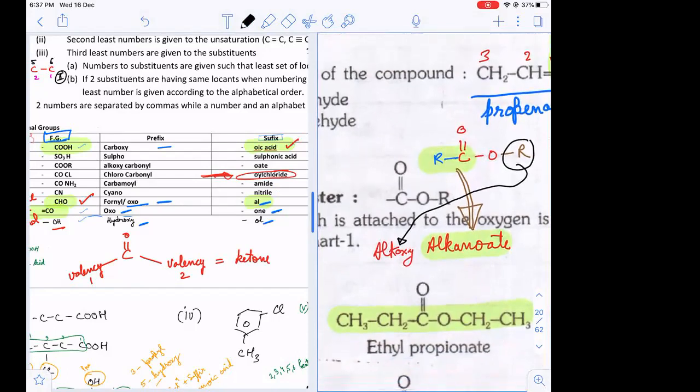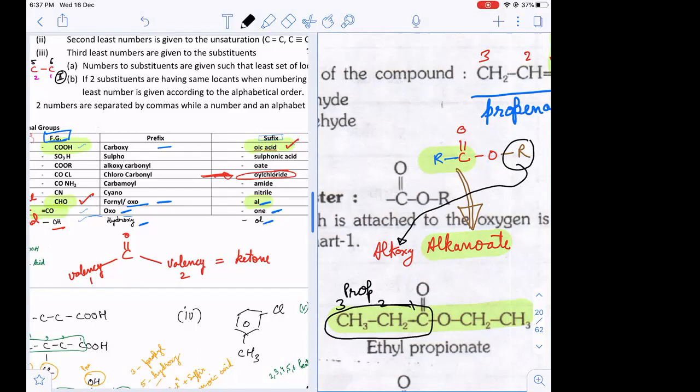Now, working on the same lines, let's derive the name in the given question. Please observe. This is the parent chain, and it consists of 3 carbons numbered 1, 2, and 3. So the word root will be prop.